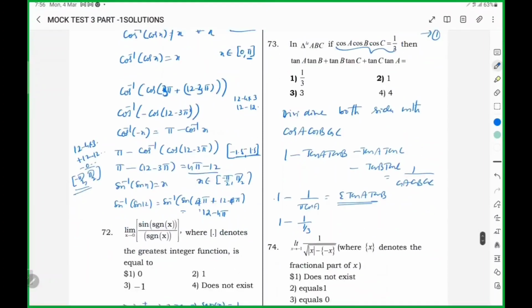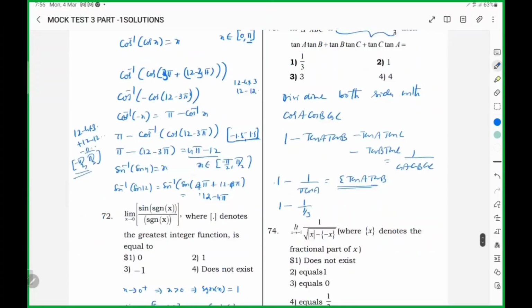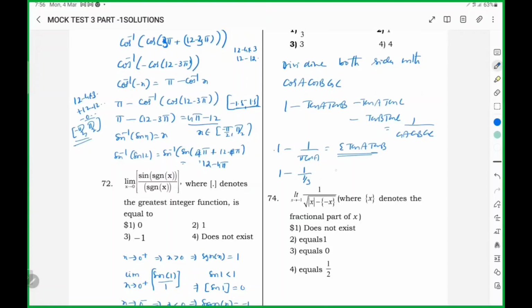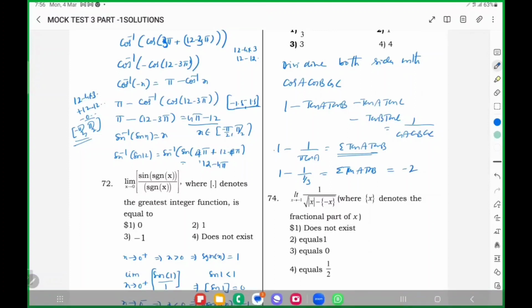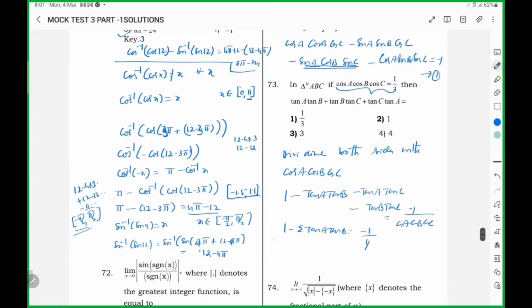After simplification, we get minus 1 minus sigma tan a tan b minus 1, he has given this as 1 by 3.